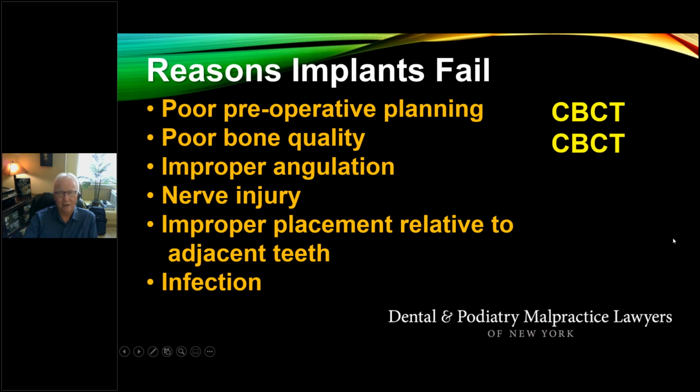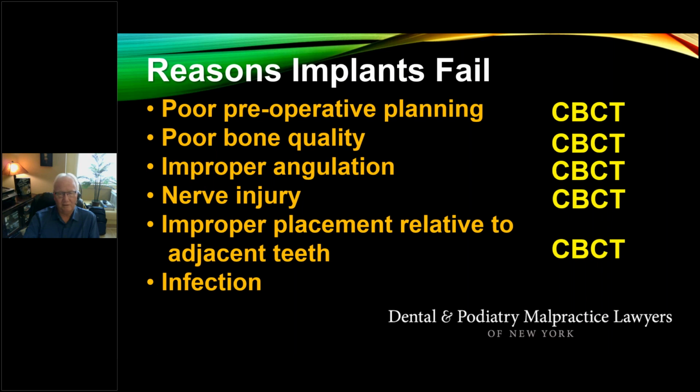Bone quality, we'll talk about that a little bit, but you really can't determine precisely whether bone has a good quality or not, even with the best pre-planning tools, because it's really a measure of optical density and not of actual quality. Improper angulation, you can eliminate that. Nerve injury, you can eliminate that.